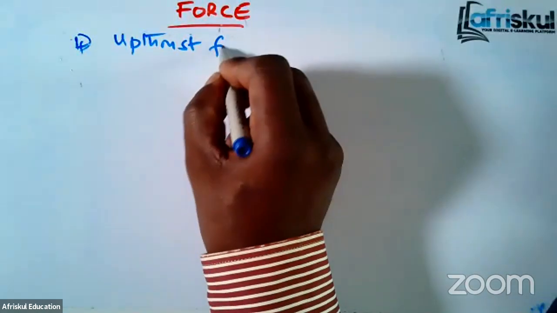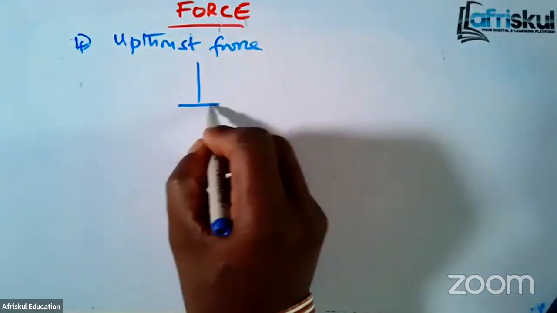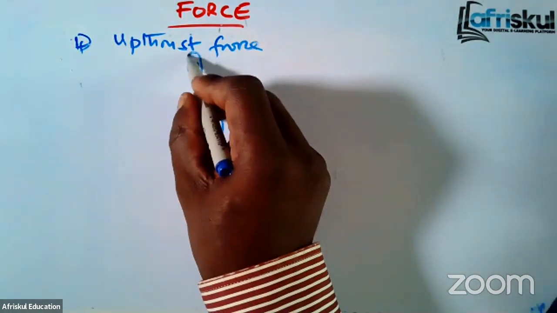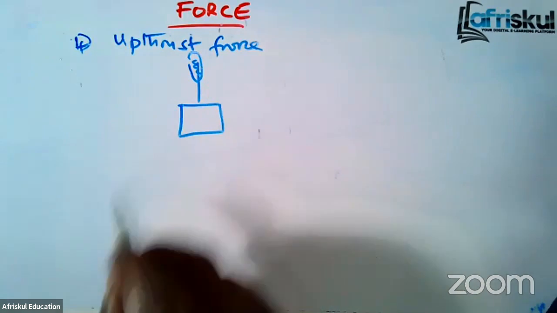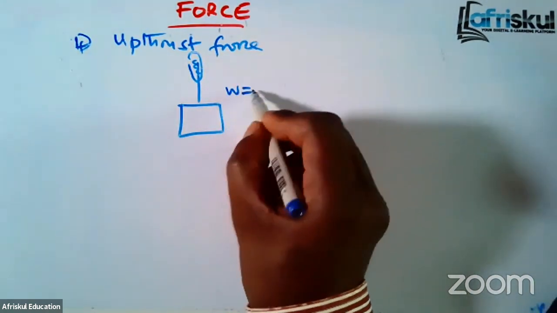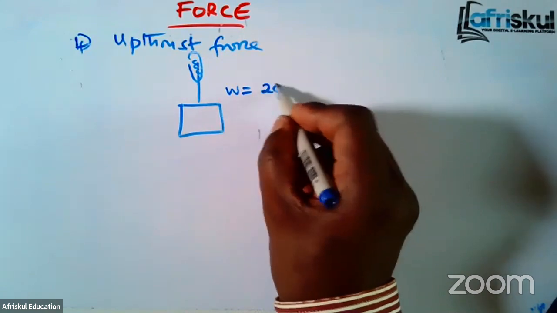You can have a simple experiment. Here we are discussing what we call upthrust force. You can weigh something in air. So here you have a spring balance, and you're weighing an object. And here you may find that the weight may be, let's say, 20 newtons.